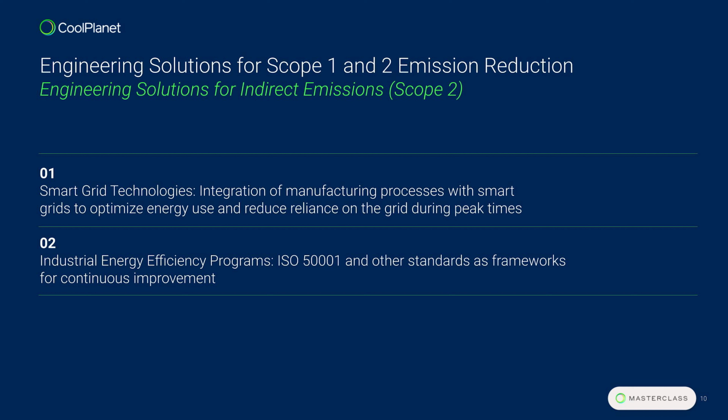Yeah. Another unique way of approaching Scope 2 emission reduction is the ISO 50001 framework, which develops a culture within the organization that is geared towards continuous improvement. Analyzing what their baseline energy consumption is and setting up realistic year-on-year targets and approaching those targets in a realistic manner creates a very nice environment where the manufacturing industries are continuously trying to reduce their energy consumption and their carbon emissions.